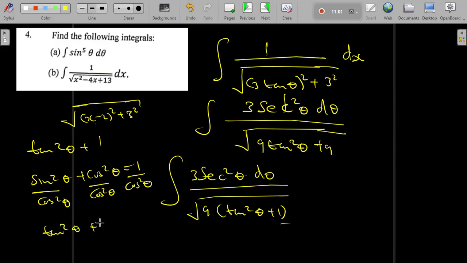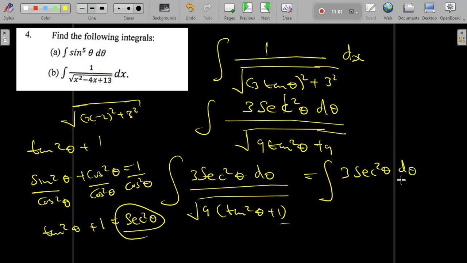Then I have a plus 1, and that there gives me sec squared theta. So this tan squared theta plus 1 can just be replaced by sec squared theta. So this will just be the integral of 3 sec squared theta d theta over 9 sec squared theta.